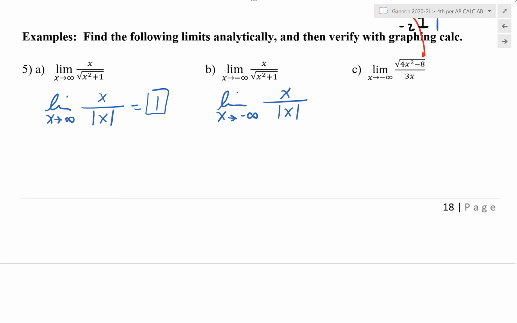Your denominator is going to be that same value but positive. So when you have a negative number divided by the same positive number, you're going to get negative 1 as the limit. All right, so let's take a quick look graphically at what that looks like.